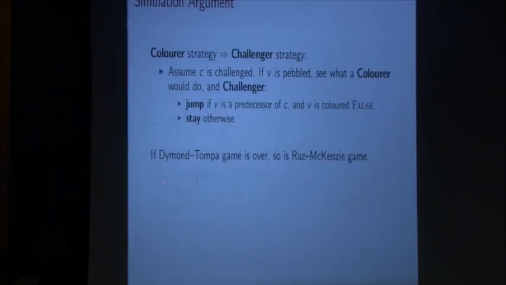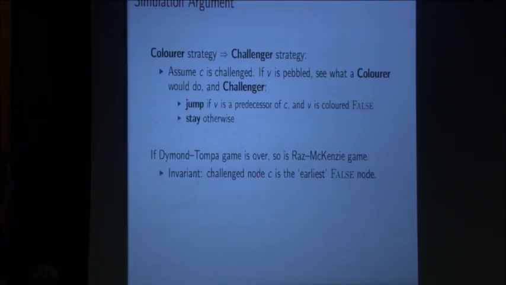So I want to show that if the diamond topology Pebble game is over, the Ross-Mackenzie Pebble game is also over. This will establish the lower bound. Notice that the simulation is defined so that the following invariant is maintained: the charged node is the earliest false node.